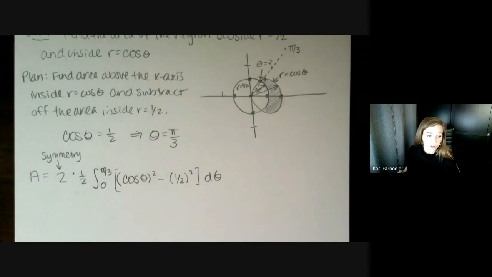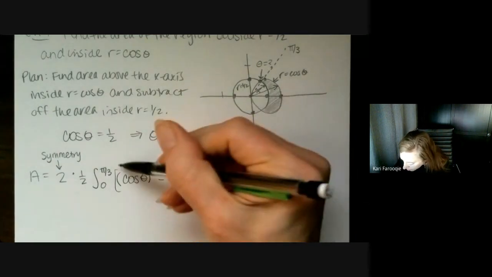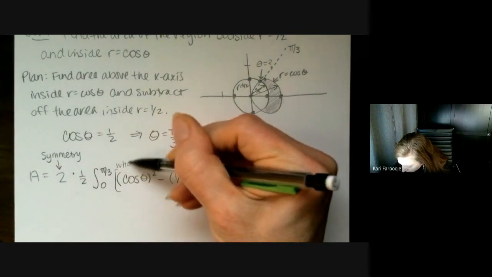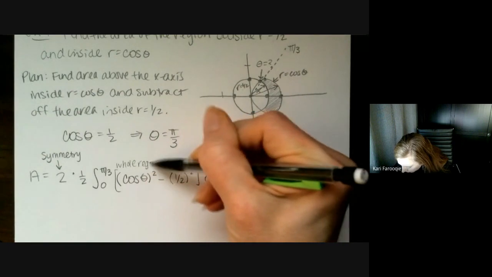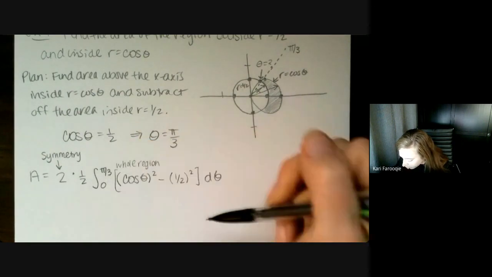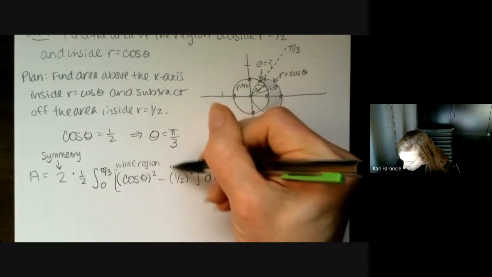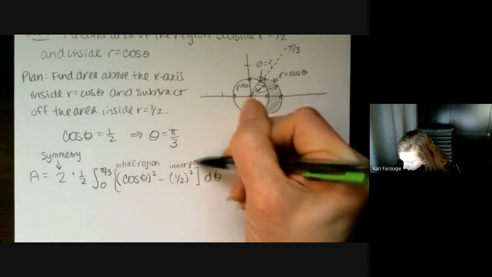So these are just going to be the trickier ones just because of the setup. So this will be the whole thing, the whole region from 0 to pi over 3, and this will be the inner portion.